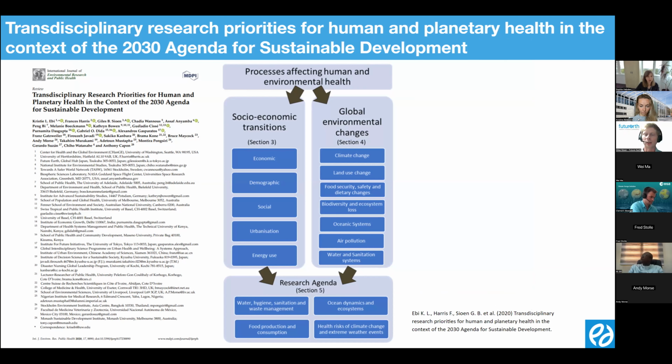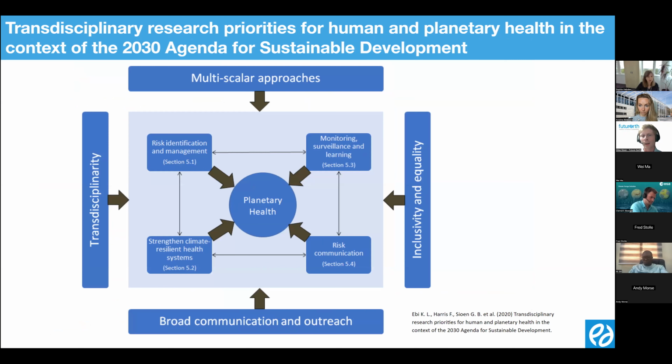They categorized these into socioeconomic transitions and global environmental changes, which feed into a research agenda where, related to ESA, there is monitoring, surveillance, and learning through Earth observations, but also strengthening climate resilient health systems, and identifying risks and finding ways to manage and communicate them clearly, which is essential for planetary health.